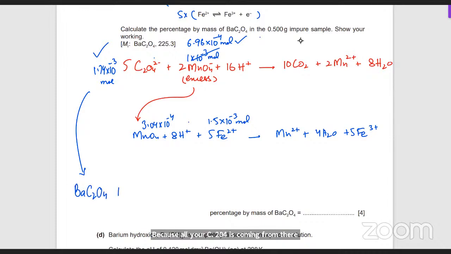So find the mass, moles multiplied by the MR. So 1.74 times 10 power minus 3 multiplied by the MR of Ba, which I think is 137.